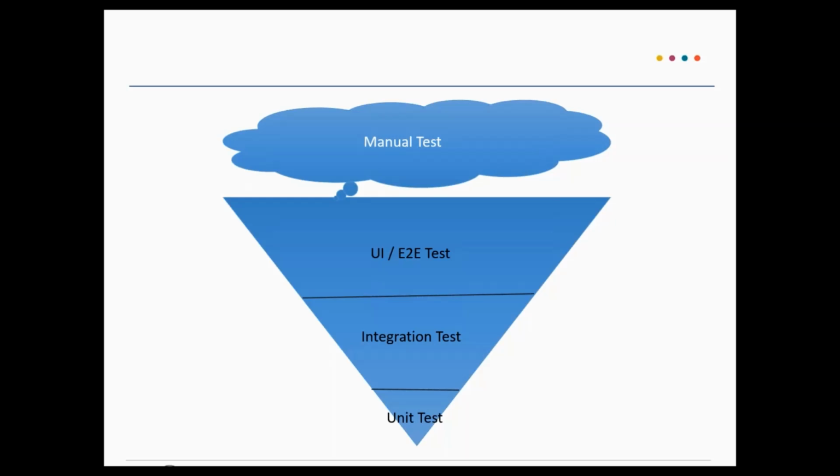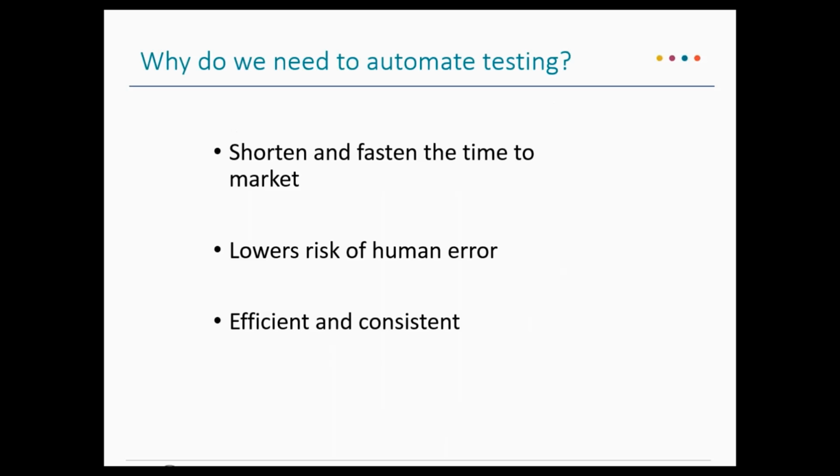So end-to-end test cases are a lot, then we have a small number of test cases on integration and very few unit test cases. What is the impact of having this ratio in our automation test suite? Looking at the automation benefits we have listed here, it will not shorten and fasten the time to market, or give us feedback at the right moment.